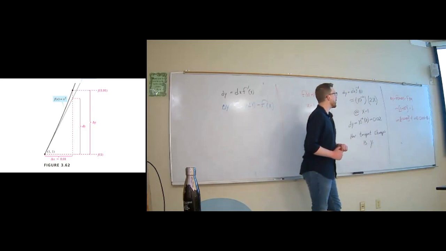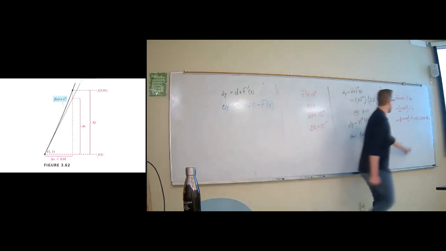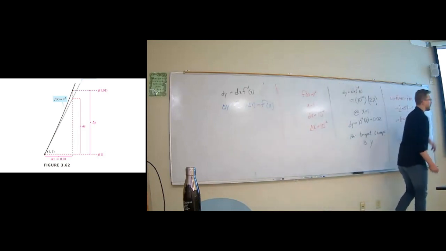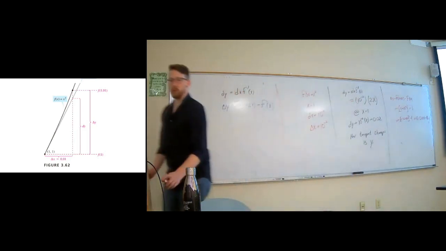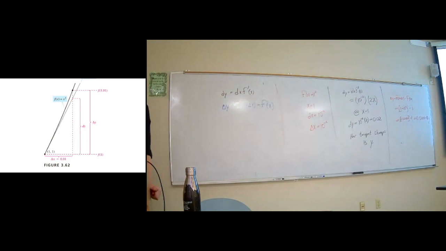My mistake, it differs by about 0.0001 is what I mean to say. So there's really not a huge difference between our tangent line and our function. This is what we're trying to say here. Does that make sense to everyone? Folks at home, does that make sense? I think I lost the folks at home.